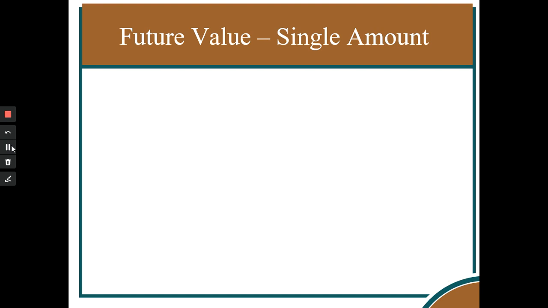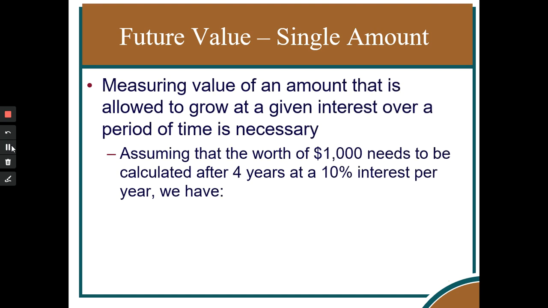So let's start with the first technique of time value of money, which is future value of a single amount. Why do I state a single amount? Because you have a future value annuity as well. The definition is measuring the value of an amount that is allowed to grow at a given interest over a necessary period of time.